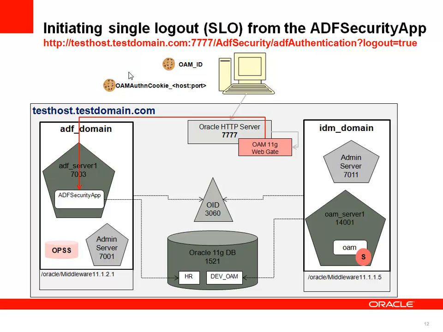We don't want to hard code the logout URL inside our ADF application. We can specify it inside the OPSS configuration, and just have a look at the OPSS to find out this URL and go to this URL. It is basically located on the WebGate, and the WebGate will forward the request to the Oracle Access Manager server because we want first of all to invalidate the Coherence session for our user.